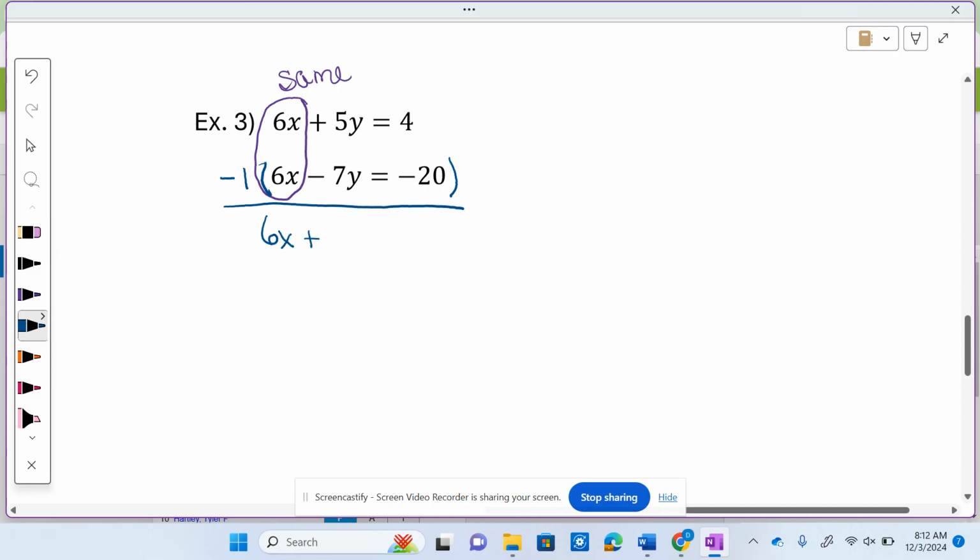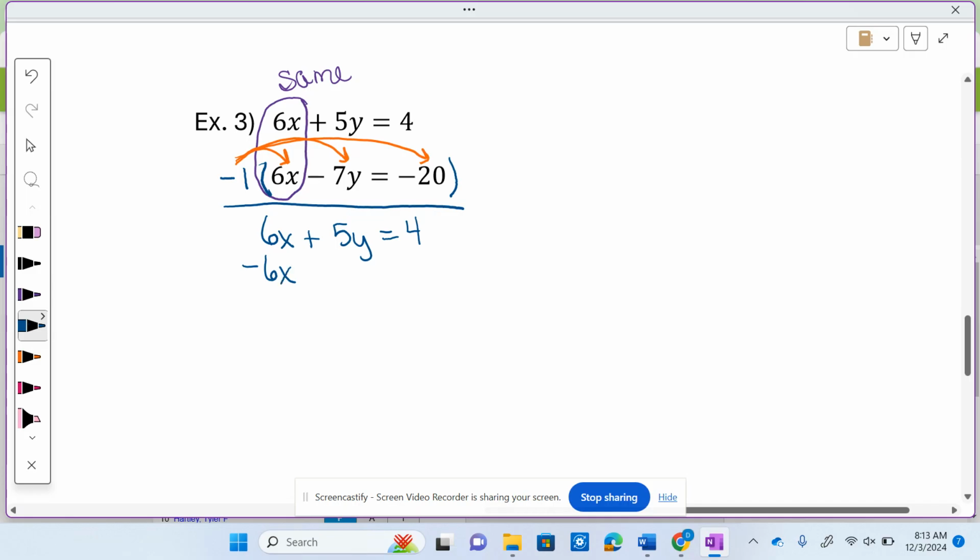So I just rewrite it. 6x plus 5y equals 4. The bottom equation, every single term is getting multiplied by negative 1. Every single term. So negative 1 times 6x is negative 6x.